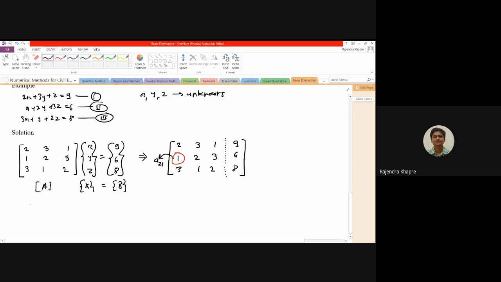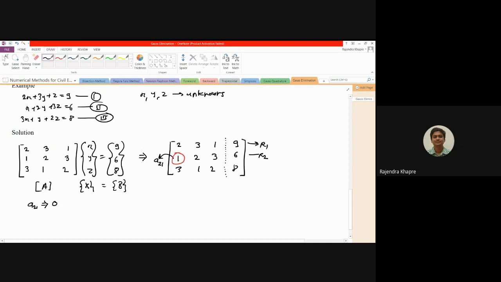So basically I have to convert A21 to 0. How to do this? Whenever you have to eliminate any element, you have to refer to the first equation, which is coming on the diagonal. This belongs to row 1 and this is your row 2.